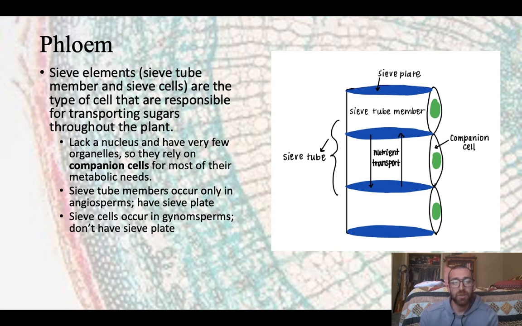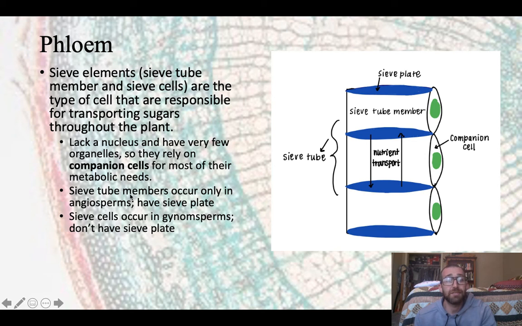And they have very few organelles. So they rely on these companion cells that you see here for most of their metabolic needs. These companion cells produce the energy and carry out the other metabolic processes that allow these sieve elements to do their job and to continue to live.